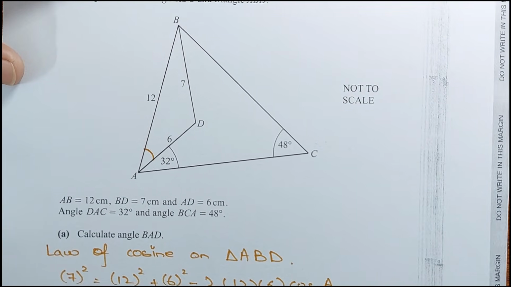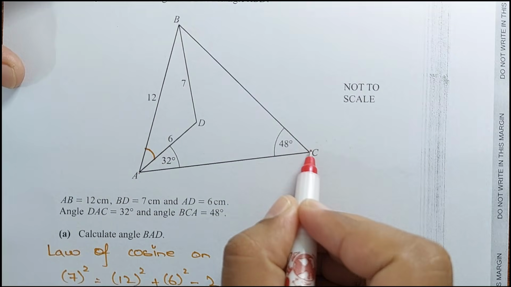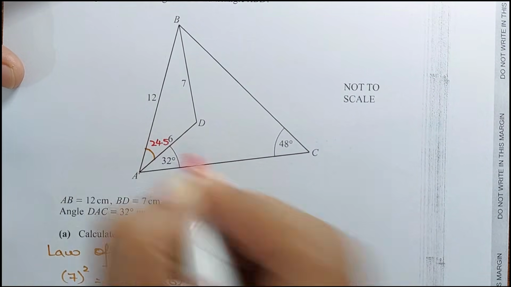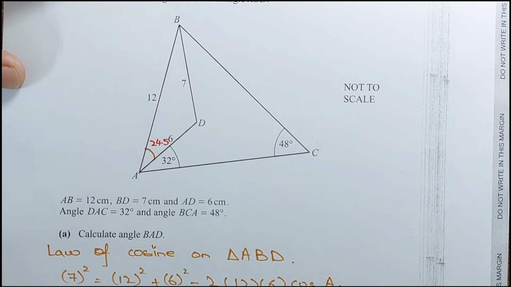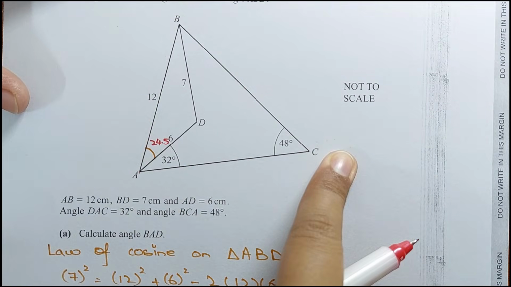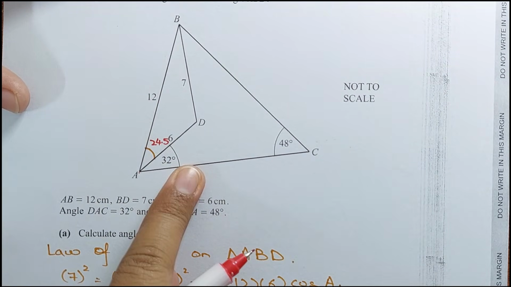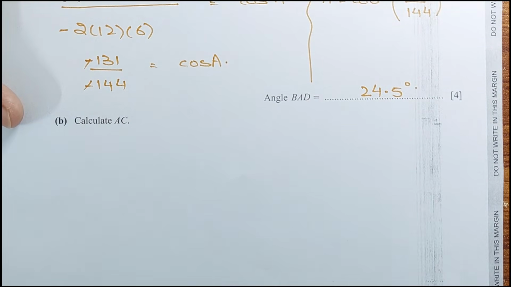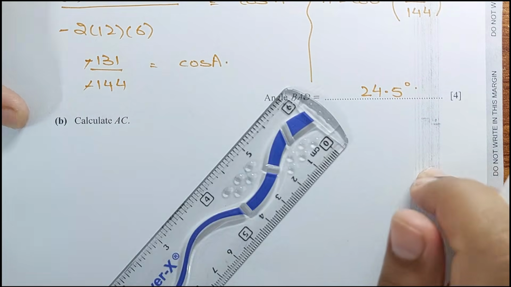Where is AC? Okay, A to C, this side we have to measure. This angle is 24.5. Now if you consider the triangle ABC, we have angle C, we have angle A, and we have one side AB. Let me draw this triangle separately to make it more understandable.